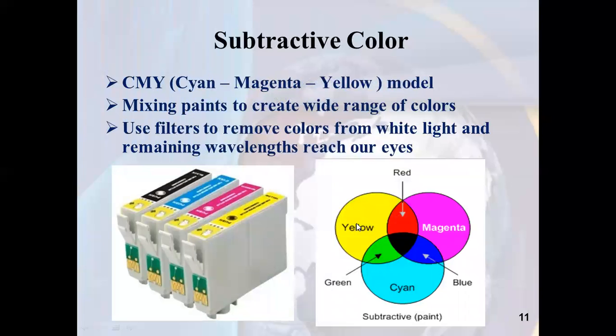So if we mix yellow and magenta, we obtain red. If we mix yellow and cyan, we obtain green. And if we mix cyan and magenta, we obtain blue. If we mix the three colors, yellow, magenta, and cyan, we obtain the dark or the black color. And this color is used in printers to create all the colors that we need in a color printing machine.